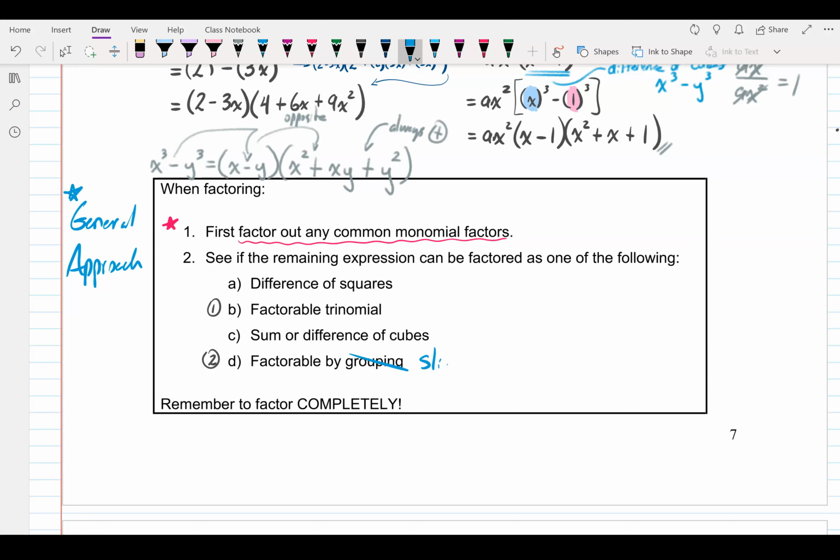We've used slide divide, which I would say is an easier version of that. And then difference of squares and difference of cubes, they're kind of tied, because obviously if they can't be done by difference of squares, then check difference of cubes and vice versa, right? So that's the order that I would look at this in. So I'll write out that order next to this, just so that maybe you would want to write that down.